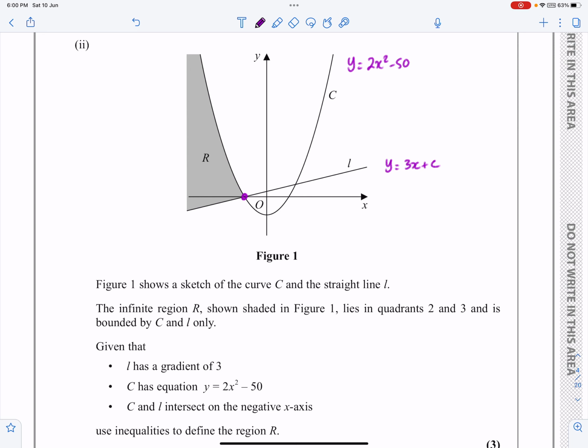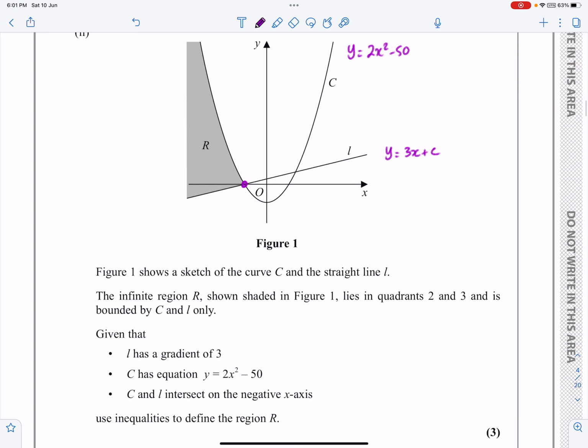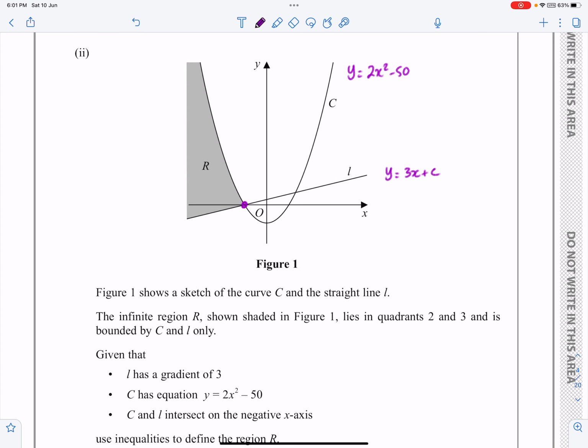Right, I really need to find that point then, because what I'm going to try and do is just say what defines this region. So even before I know enough information, I can say it's underneath the quadratic, so it's going to be less than 2x squared minus 50. It's greater than my straight line graph. It's going to be y greater than 3x plus c, but I don't know what c is yet.